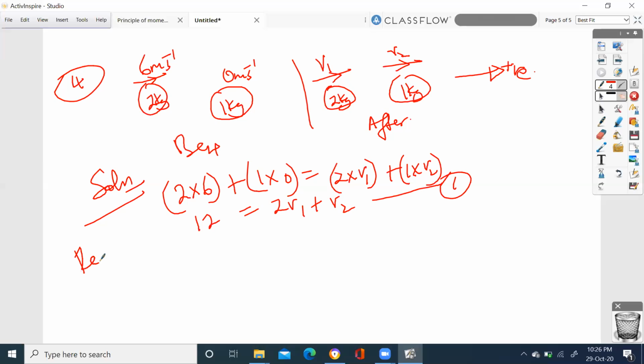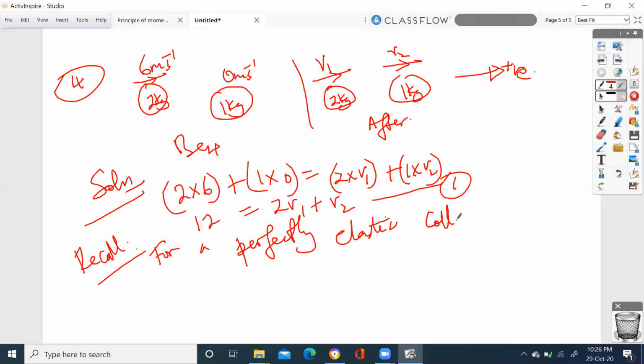And recall, for a perfectly elastic collision, u1 minus u2 is equal to v2 minus v1, meaning that 6 minus 0 is the same as v2 minus v1.